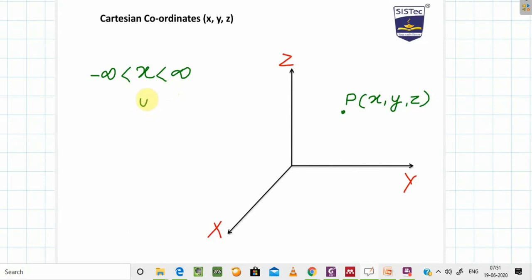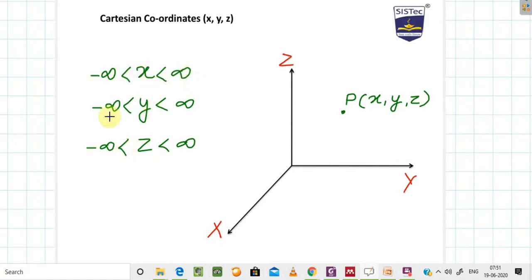The range of y is also from minus infinity to plus infinity, and z varies from minus infinity to plus infinity. So all the variables lie in the range of minus infinity to plus infinity.